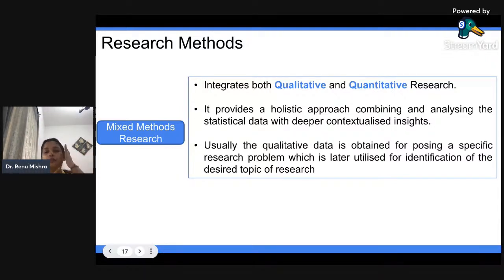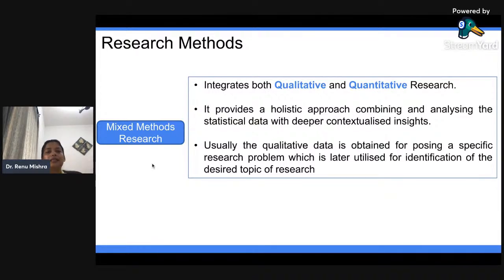The word holistic means overall, complete. You are quoting something in a contextual form, like in theoretical form. You have analyzed some factors, some variables, and with the help of quantitative research, you are providing the logical reasoning for that particular association, that particular interaction between the variables.